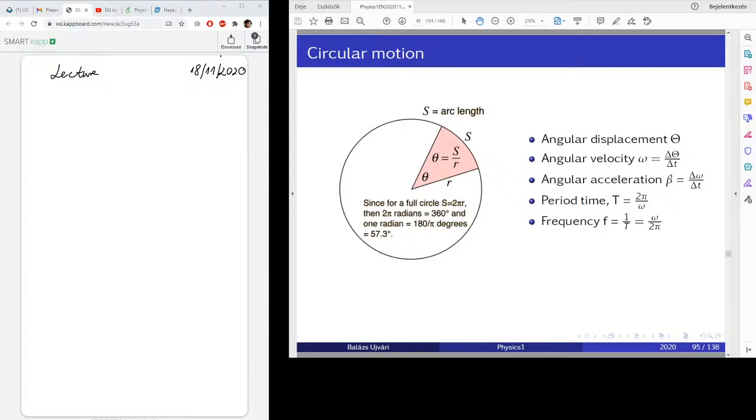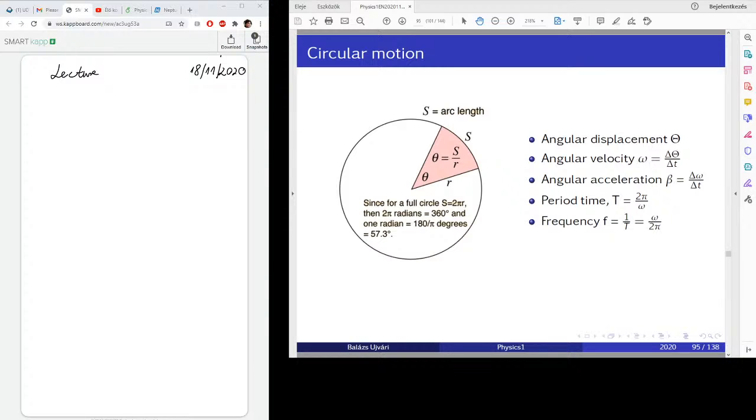Let's write here the x. So origin, 1, 2, 3, x in meters.